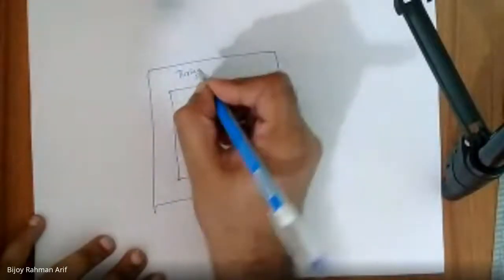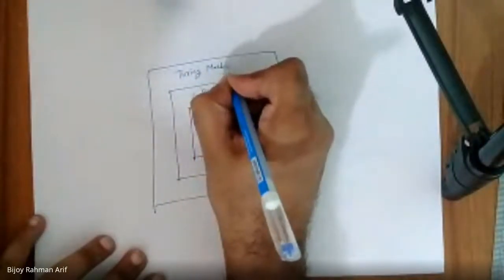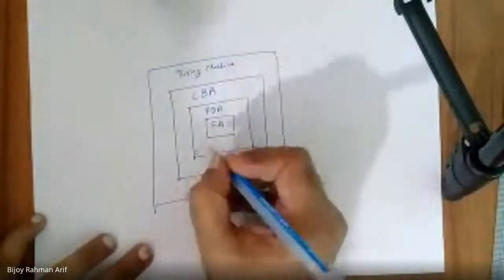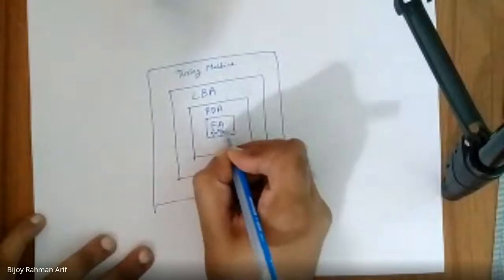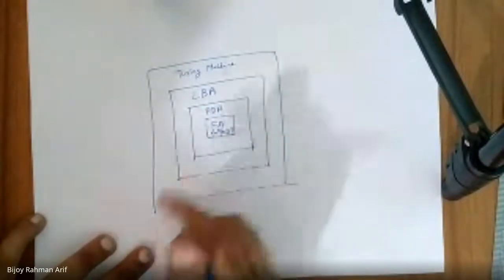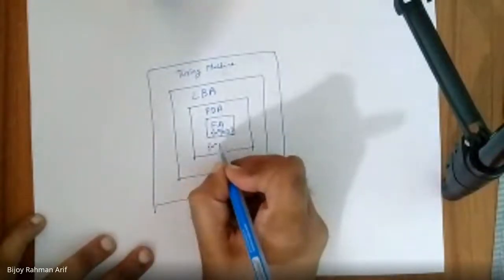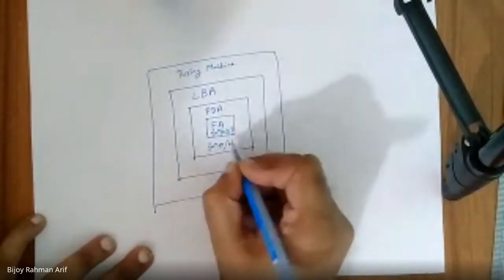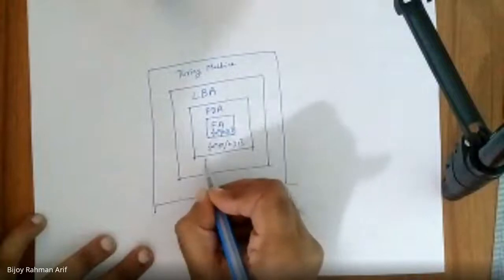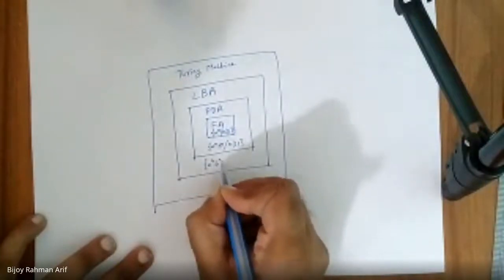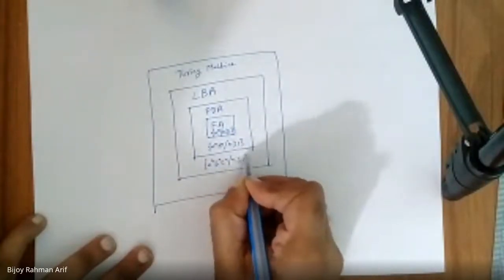Let's give you an example. Finite automata can accept this language: a^n, n greater or equal to 1. Pushdown automata can accept this language: a^n b^n, n greater or equal to 1. Linear bounded automata can accept this language: a^n b^n c^n, n greater or equal to 1.